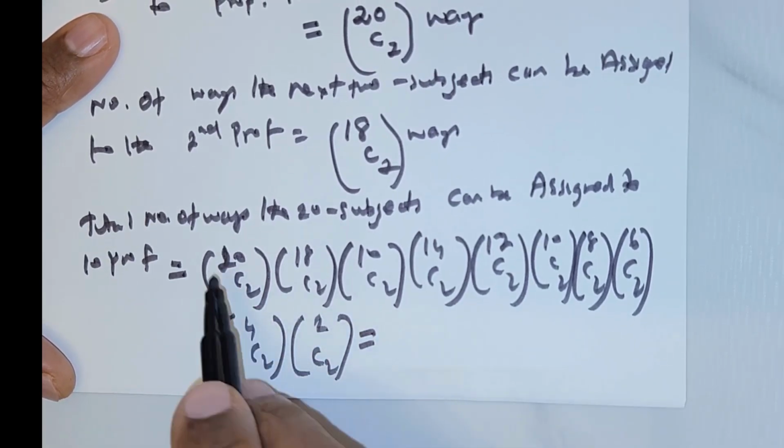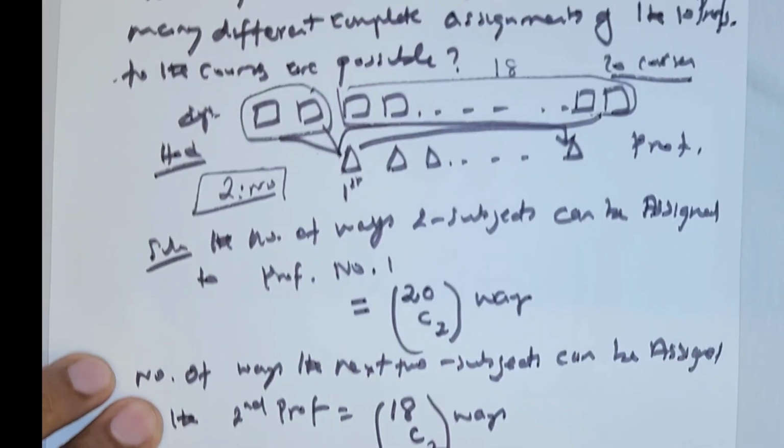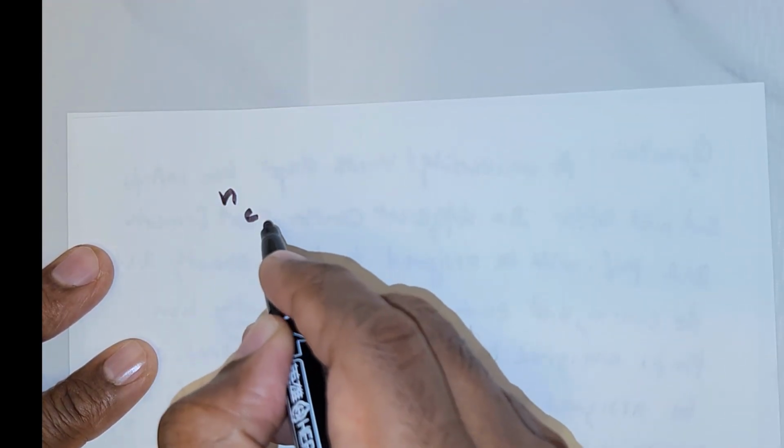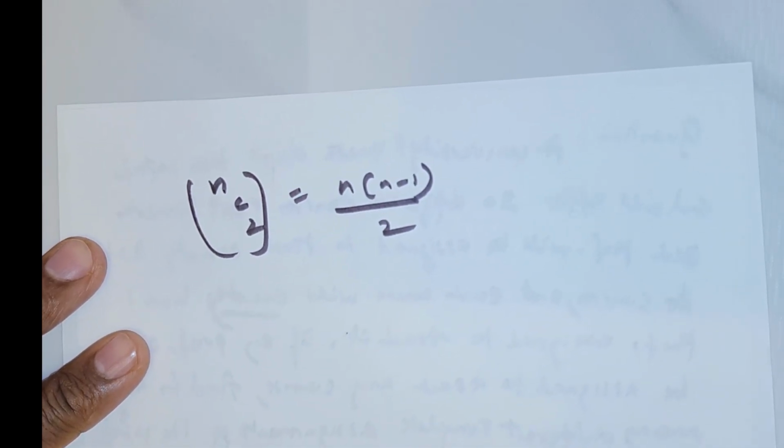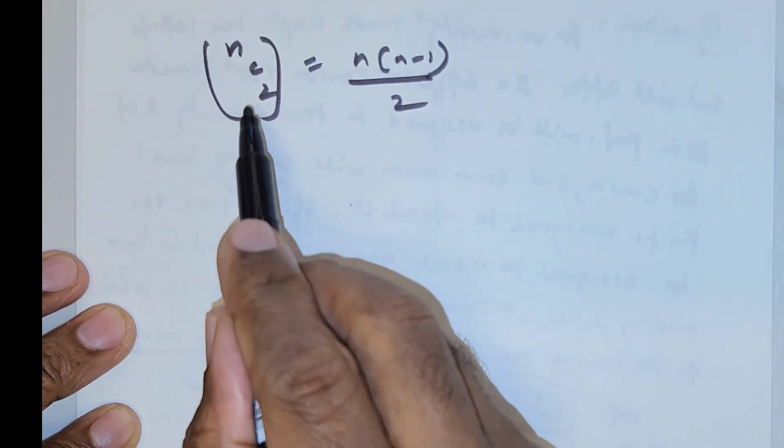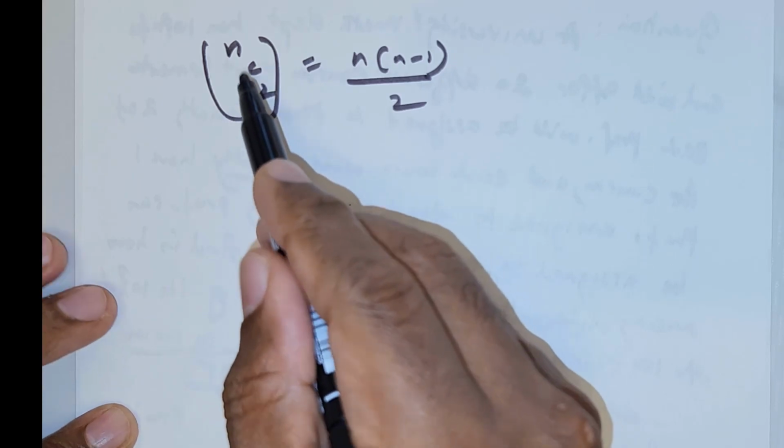Okay, now we need to calculate 20C2. So let me go to the next slide. Now NC2 has a formula which is n into n minus 1 divided by 2. So we need to get that value. One wonders, what is the significance of NC2?